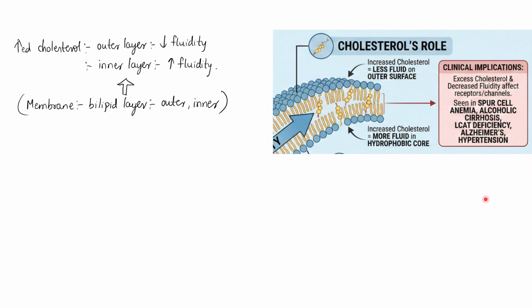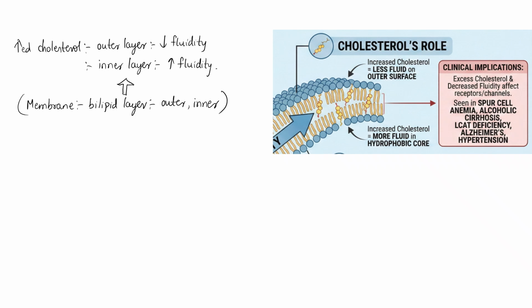And cholesterol levels are implicated in certain diseases like spur cell anemia, alcoholic cirrhosis, LCAT deficiency, Alzheimer's, and hypertension. In all these cases, there will be excess cholesterol, there will be decreased fluidity. Because of that, the receptors or the channels become non-responsive. So the cell will not take any action. No signal transduction will happen because the receptors are not functioning.